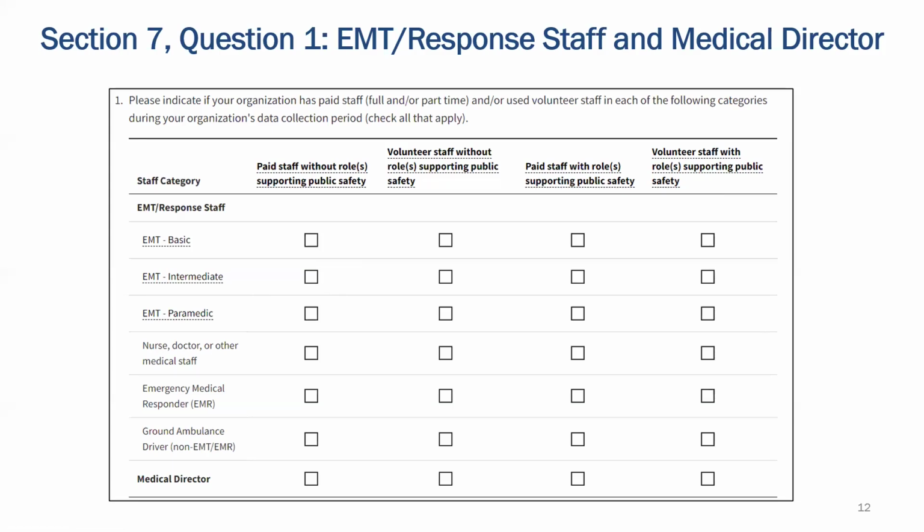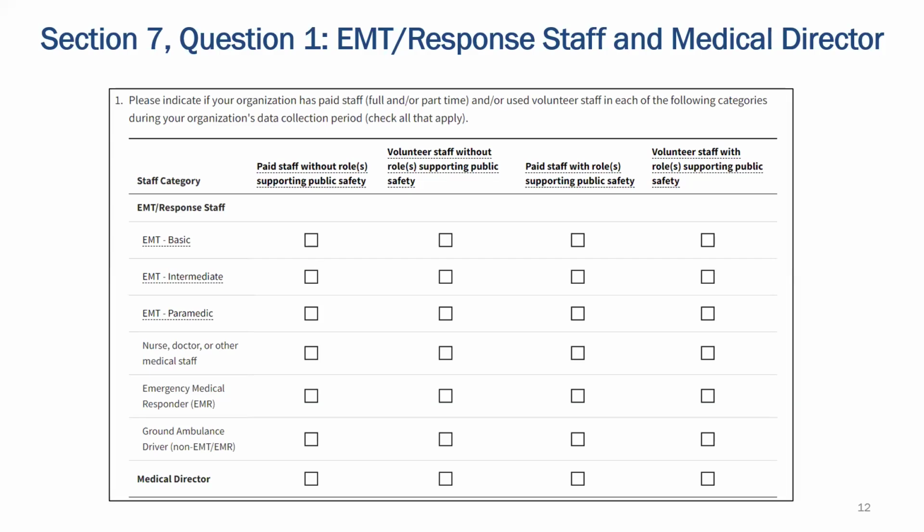It's important to note that you'll only see these 4 columns differentiating between staff with and without roles related to fire, police, or other public safety if you report in section 2 that your organization shares costs with a fire department, police department, or other public safety department. If you don't, then you'll just see 2 columns, one for paid and one for volunteer. Some organizations will only see 1 column because there's also another question in section 2 that asks if you use volunteer labor in your organization.